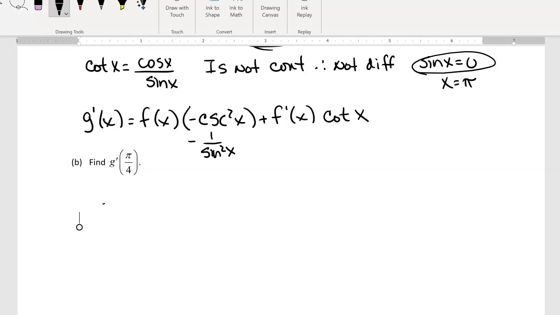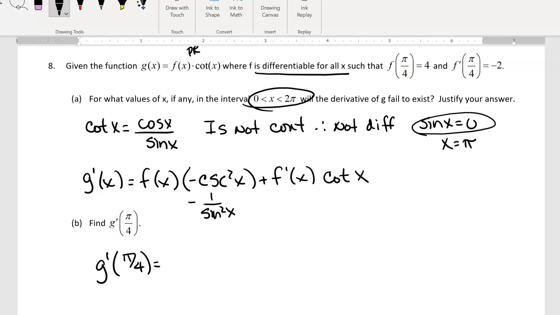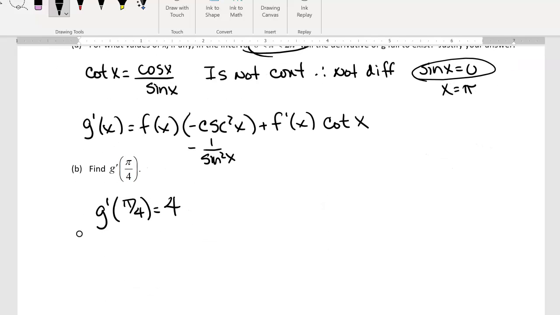So let's finish up. Last but not least, g prime of pi fourths is equal to f of pi fourths. F of pi fourths is 4 times negative, okay, cosecant is the reciprocal of sine. The sine of pi fourths is 1 over root 2. The reciprocal of that is root 2, squared.